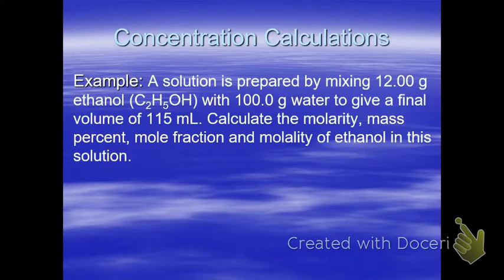What I recommend is whatever you're supposed to be solving for, write out what goes in the numerator and what goes in the denominator of what you're trying to find, and see how do I find those two pieces? For example, we're going to start with molarity.